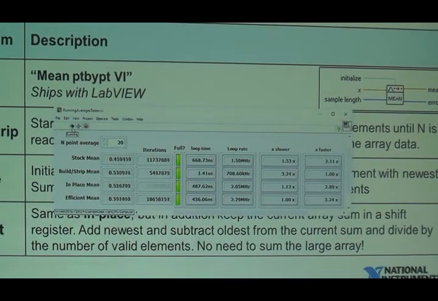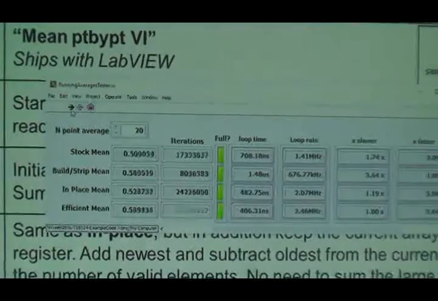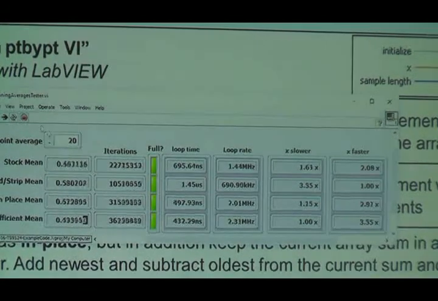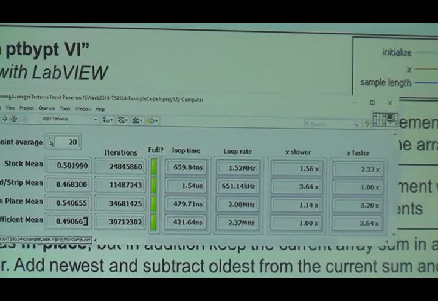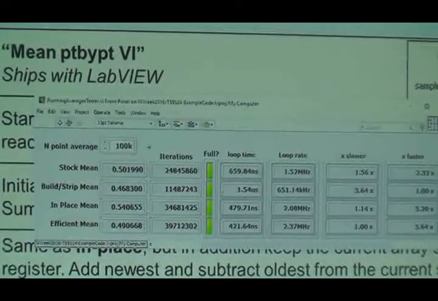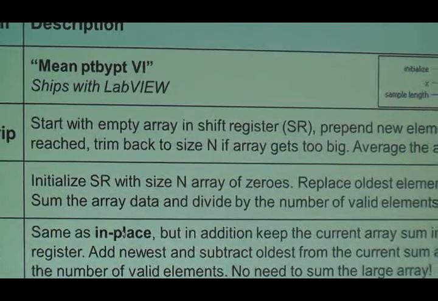This is for 20 elements, they're all about the same speed, right? But if we go, this is a little hard over the shoulder. If we go to like 100K elements, that green light goes on when it's what?